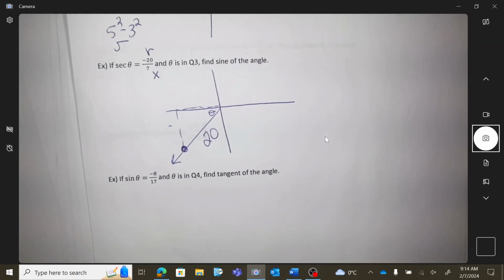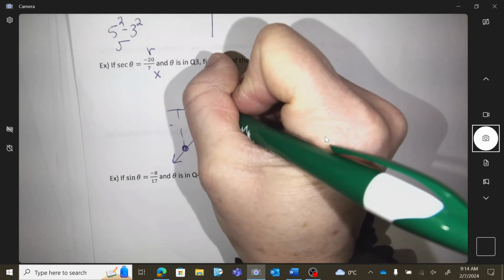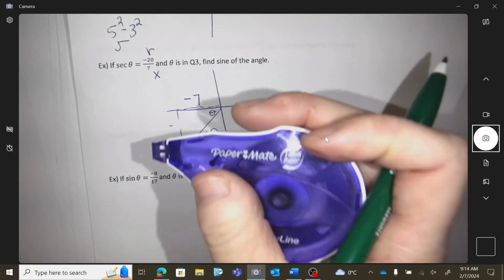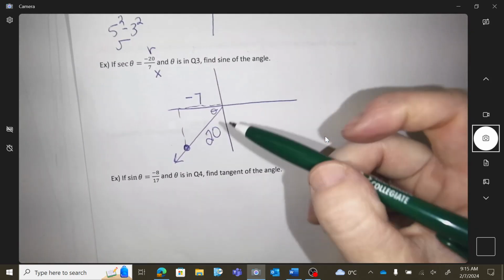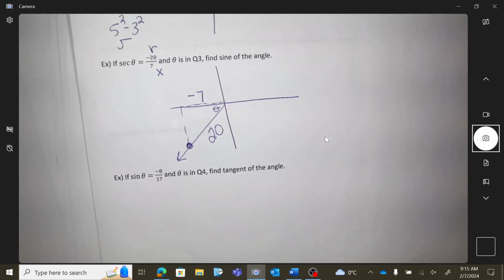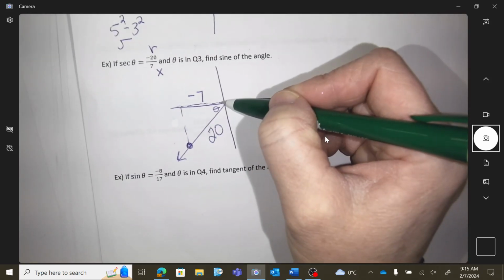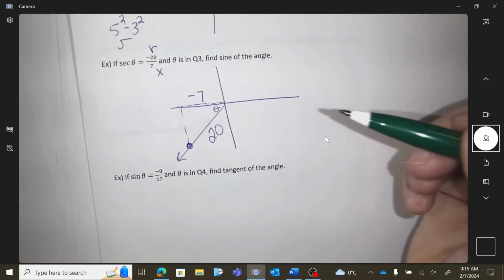So that is 20, which means that was -7. Does that make sense? You can't have a negative radius. And look at where my x is. This is a negative x value, right? Do you see its location? It's a negative x value.